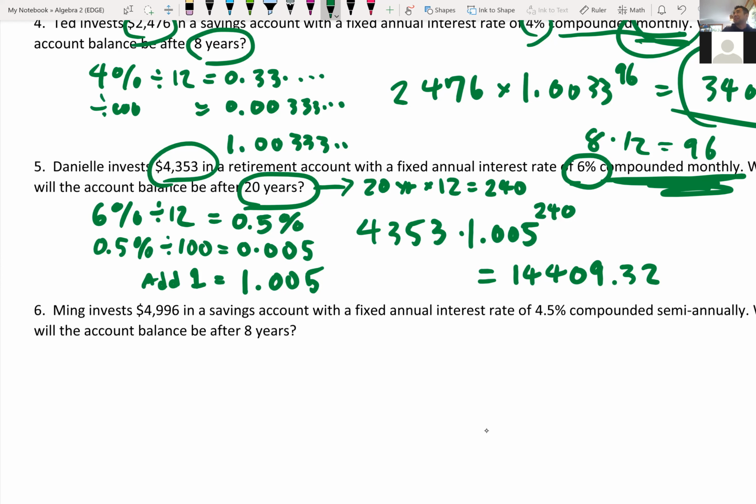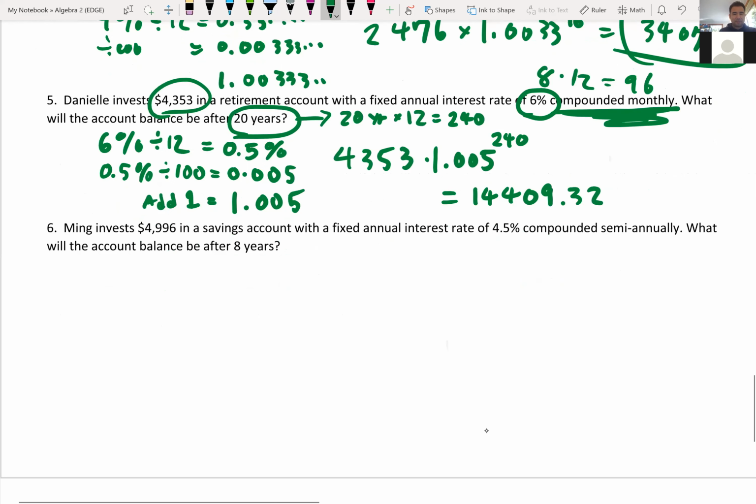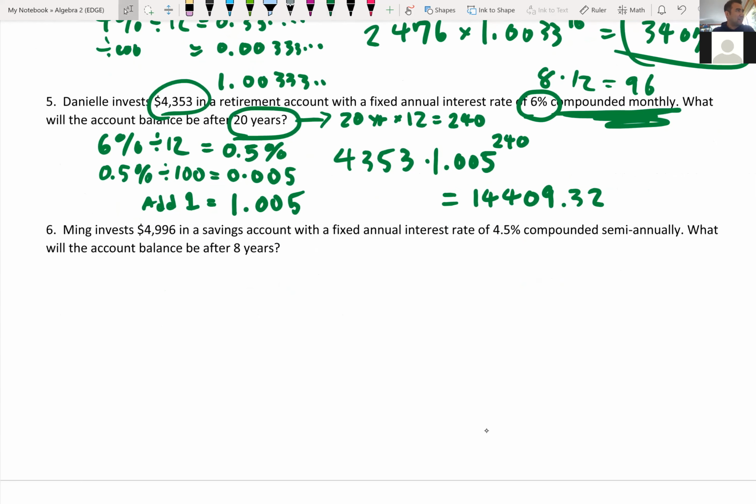Okay, the last question, guys, and we'll be done. All right, you guys all done? 4.5% semi-annually. That means twice a year. For 8 years.